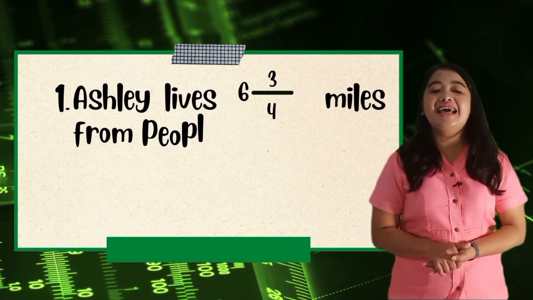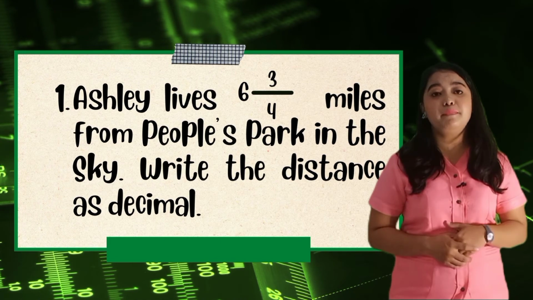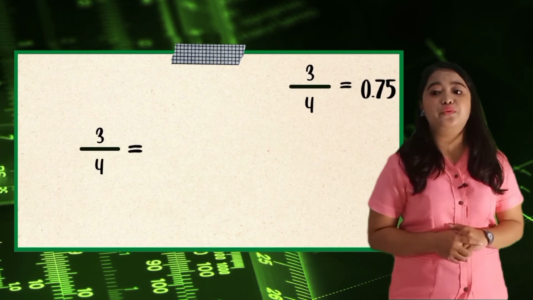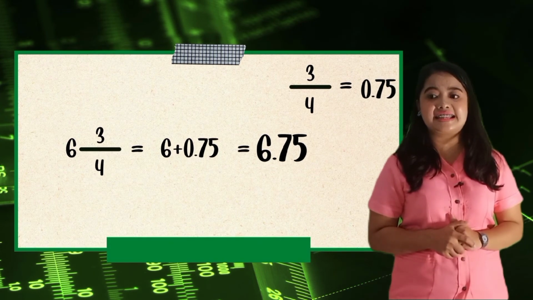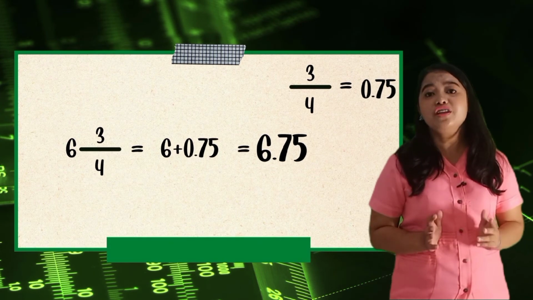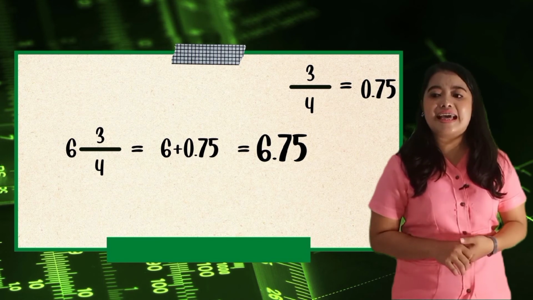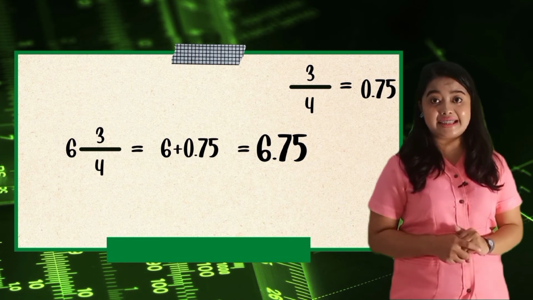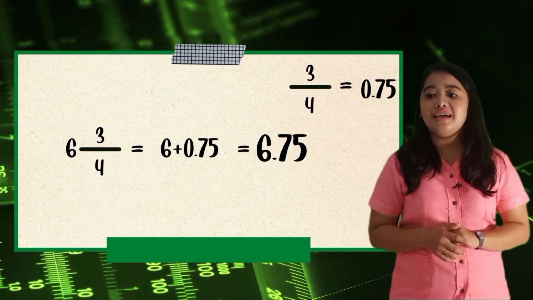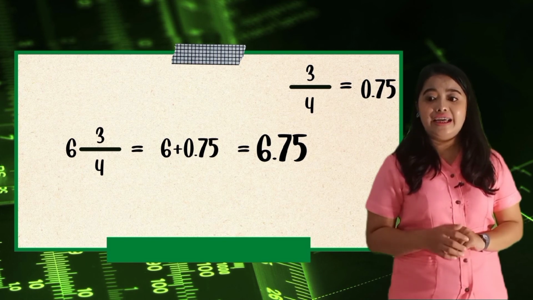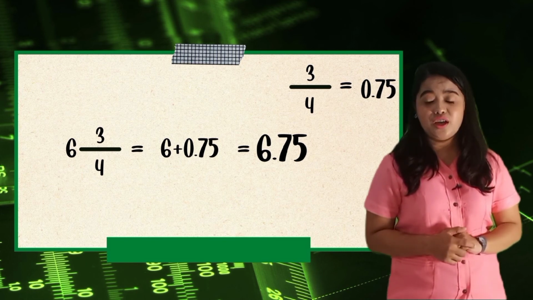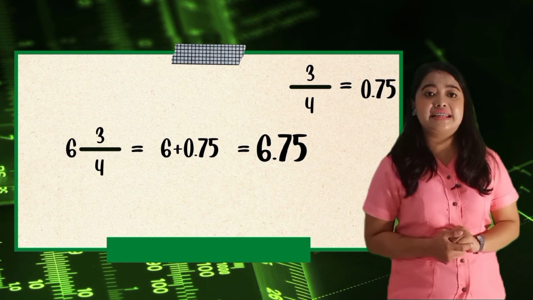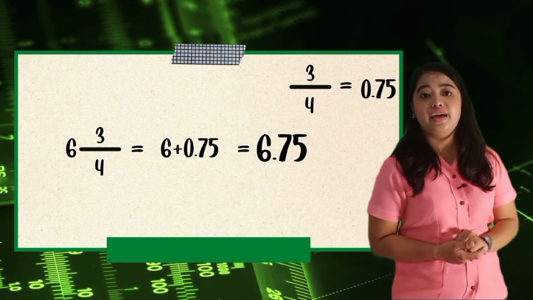Let us check your work. Number 1. Since the distance between People's Park in the Sky and where Ashley lives is 6 3/4, we convert it in decimal by setting aside the whole number 6, then divide the numerator 3 by the denominator 4, which gives us 0.75.